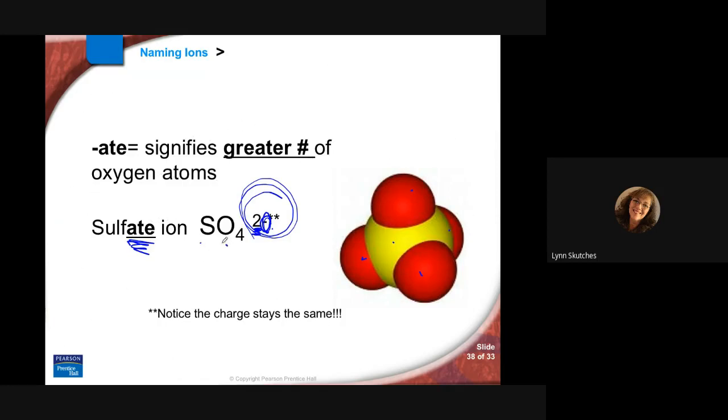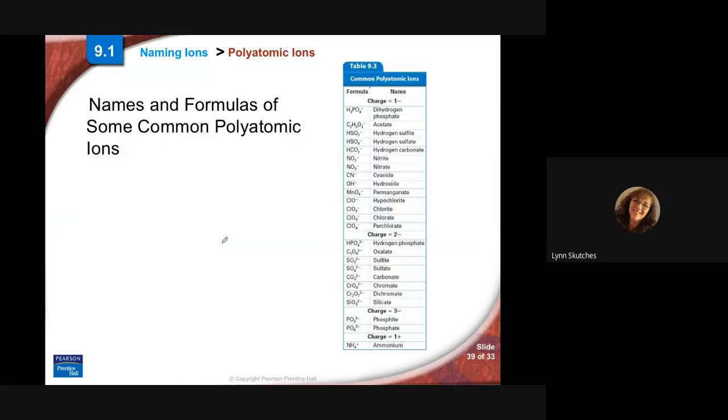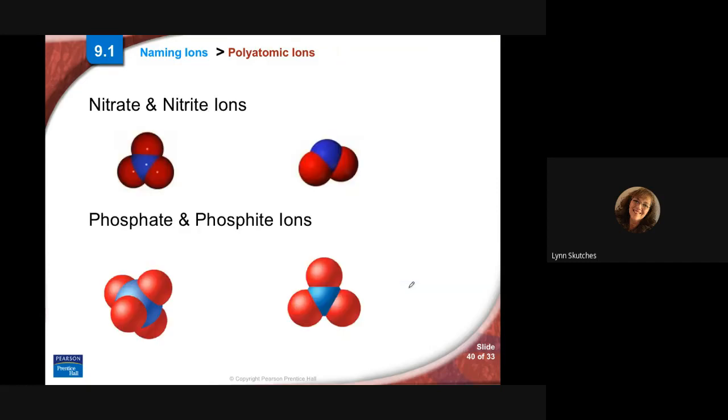The only thing that changes is the number of oxygens. There's all sorts of them, like I was saying before: nitrite, nitrate, sulfite, sulfate, phosphite, phosphate. It's all mixed up. Seems impossible to figure out, but I'm going to give you a tool for the most important ones.